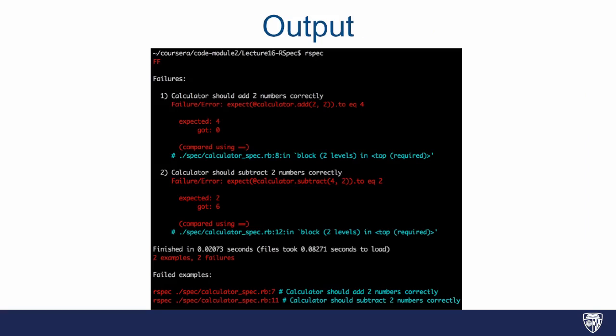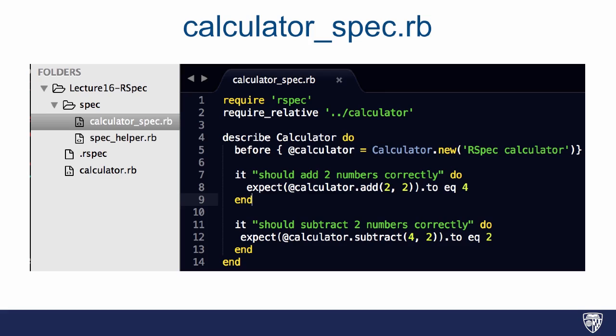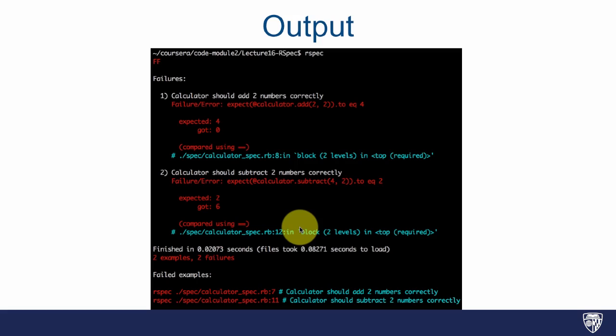So when you actually run these tests, and the way you run them is by just saying rspec, you're going to see that there are two failures because both the subtract and the add examples, right? So this one and this one fail. And it's going to tell you what the failure is.